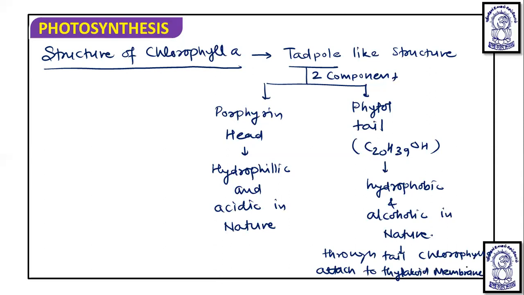Now we have to understand how this chlorophyll actually looks, what the porphyrin head is, what the phytol tail is, how this structure looks, very carefully. If we discuss the structure of chlorophyll A, the structure is somewhat like this.